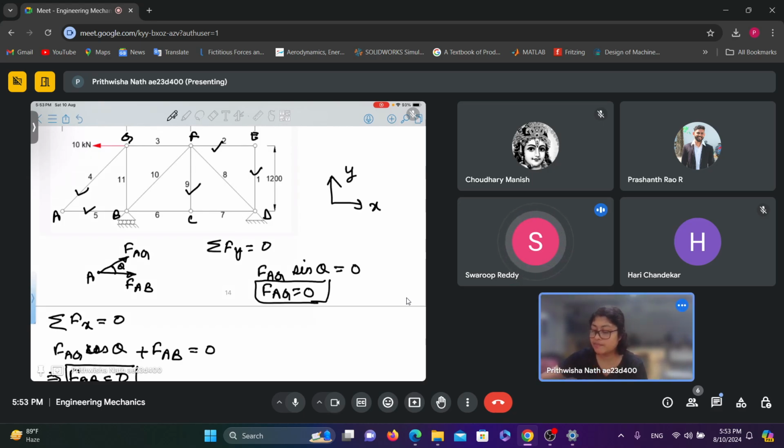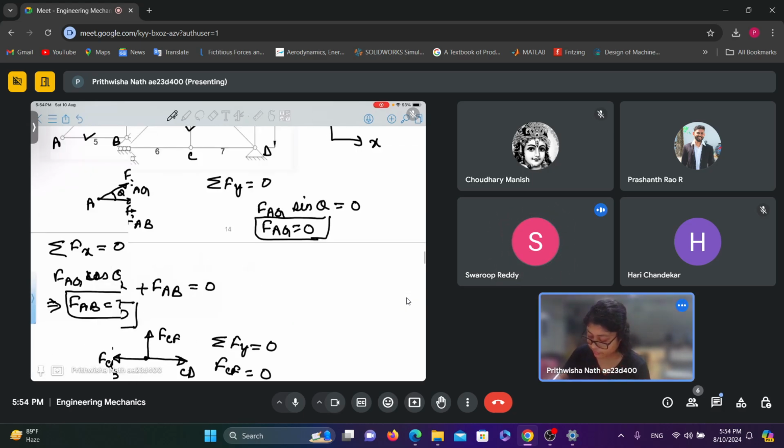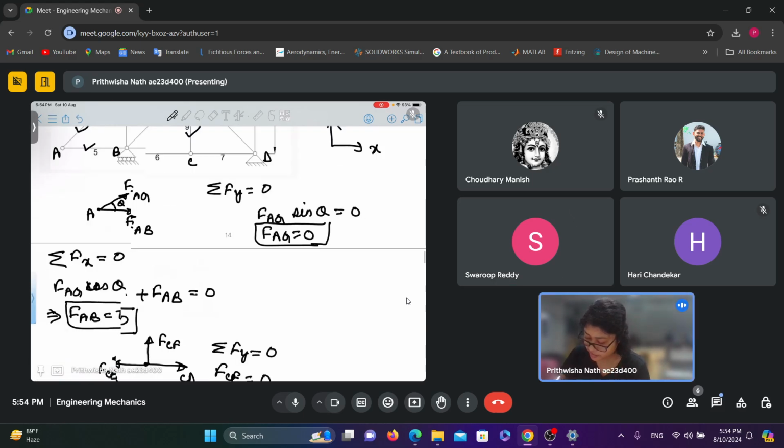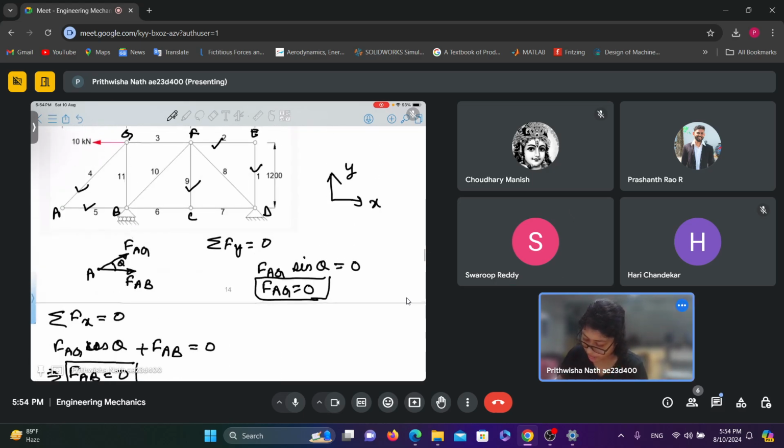Now if you look at joint G, 4 and 5 both are zero force members, so for calculation purposes I will remove these two.